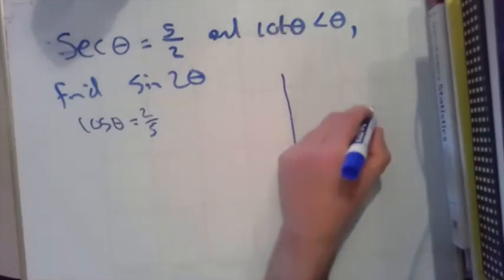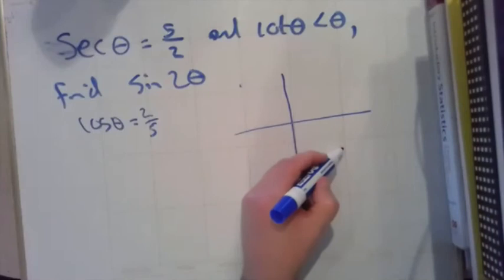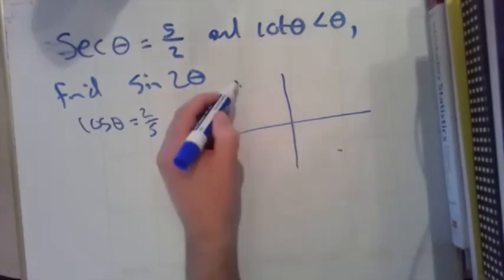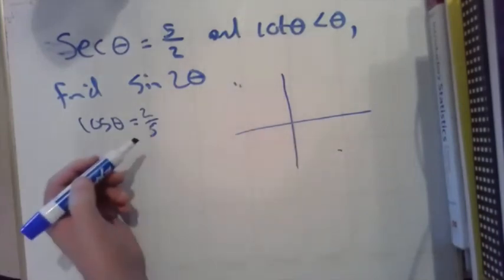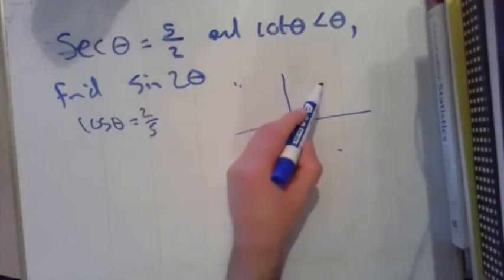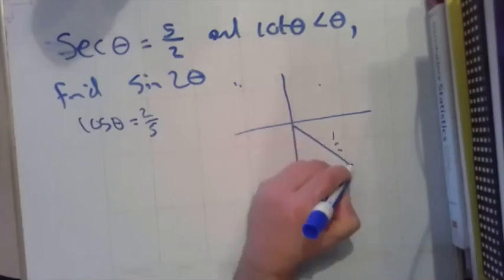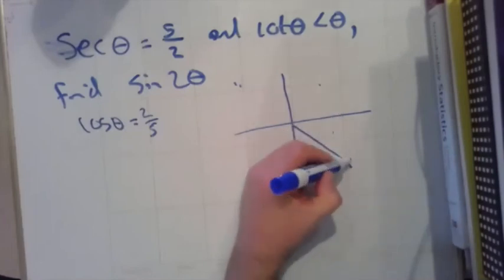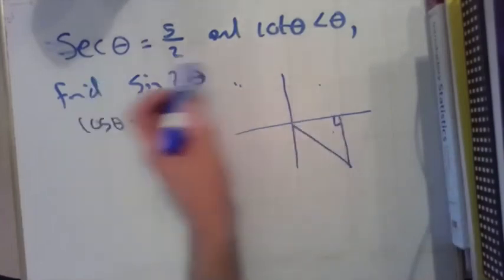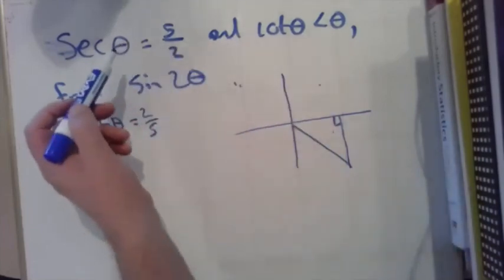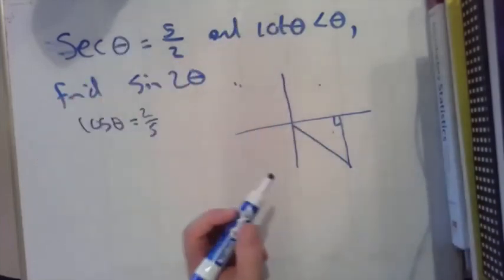So cotangent would be negative here and here, 2 and 4. Cosine is positive here and here. So we have to be in quadrant 4. This is the only place where both of these could be true. Secant is positive, but cotangent is negative.